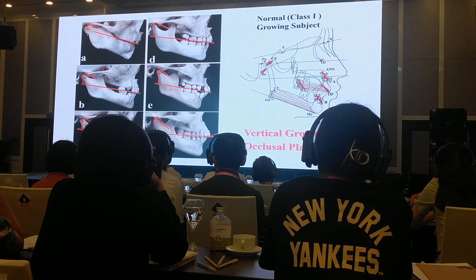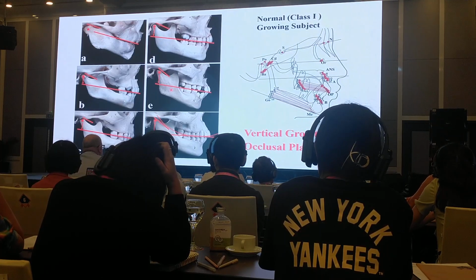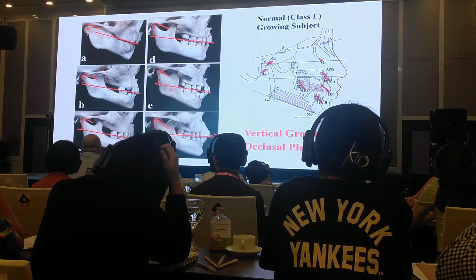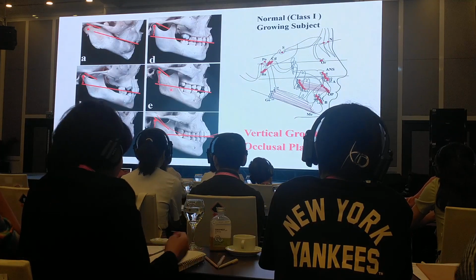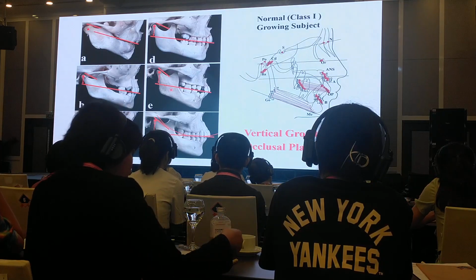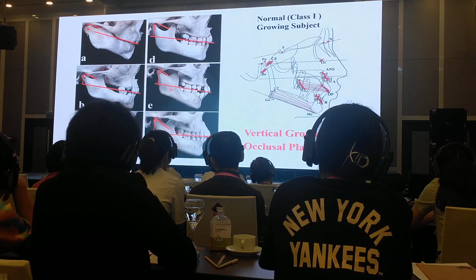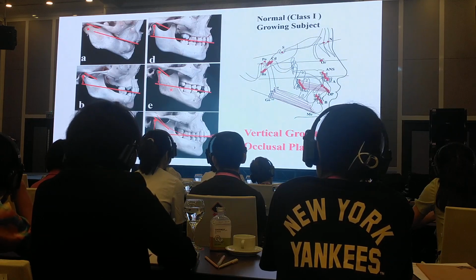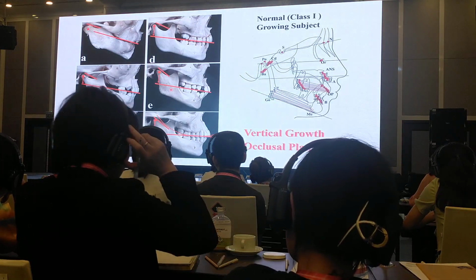All of you are dentists, you already know this is a mutually protected occlusion. When you bite strongly, the posterior teeth protect the anterior teeth, and the anterior teeth protect the molars by a nice guidance system. This is what we call the mutually protected system.